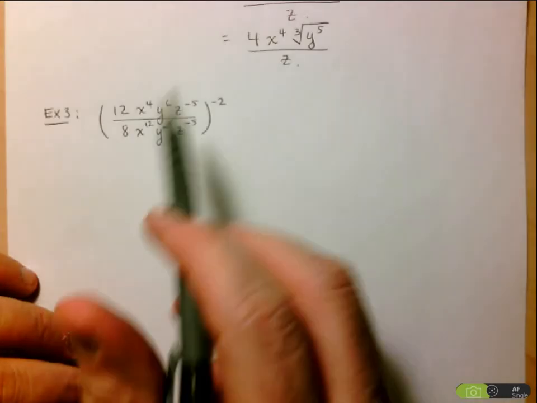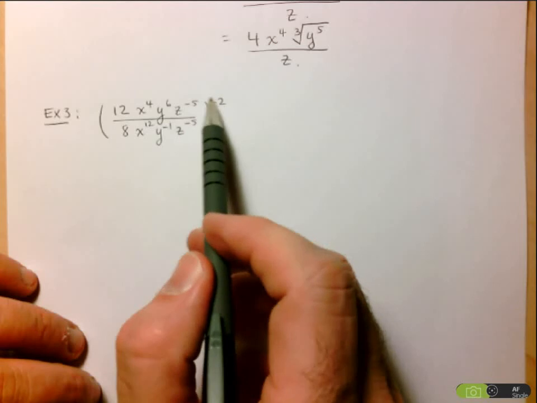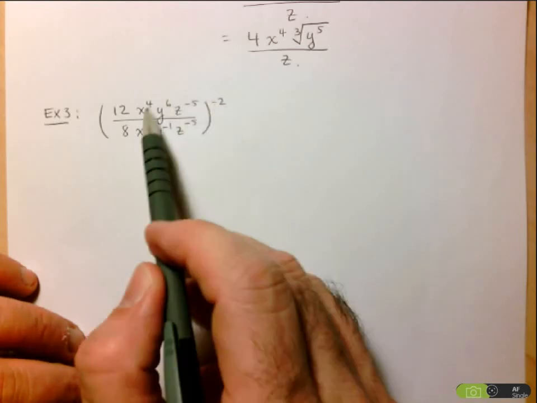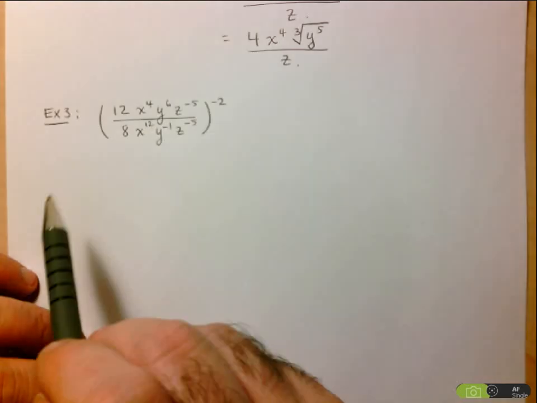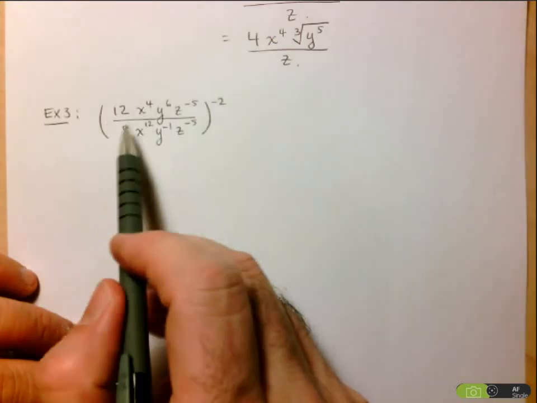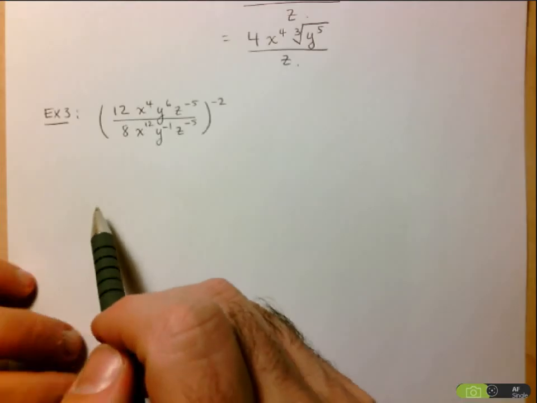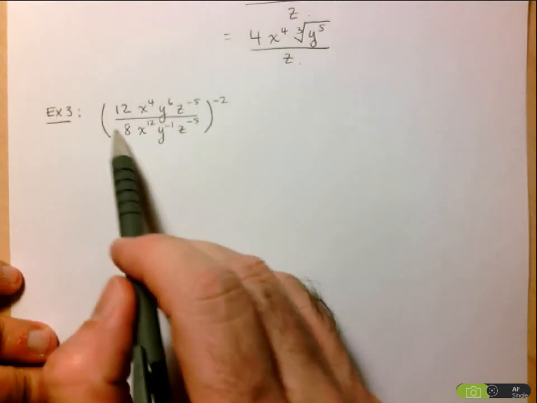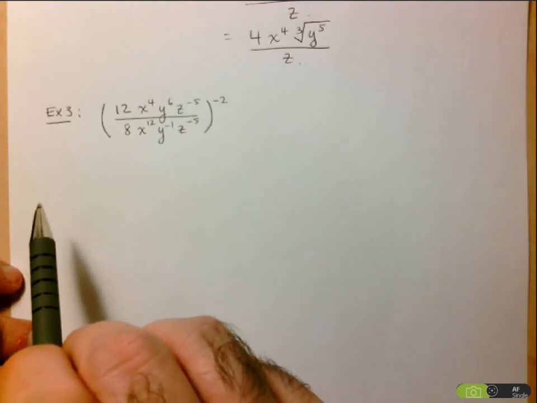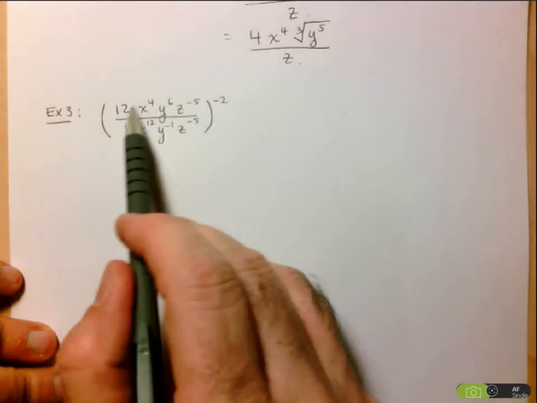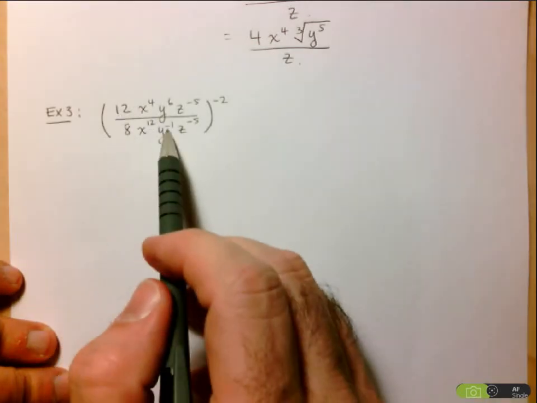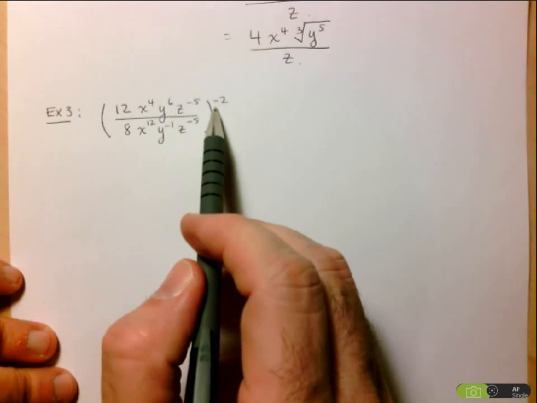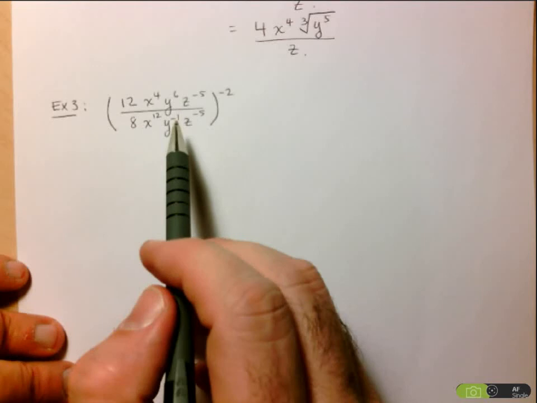I might want to take that negative 2 as a whole exponent and distribute it to each part, since it's all products and quotients. What I'm going to do though is simplify the base, meaning this whole expression in the brackets, and then deal with the exponent negative 2 at the very end. I suspect that'll probably be a little simpler.